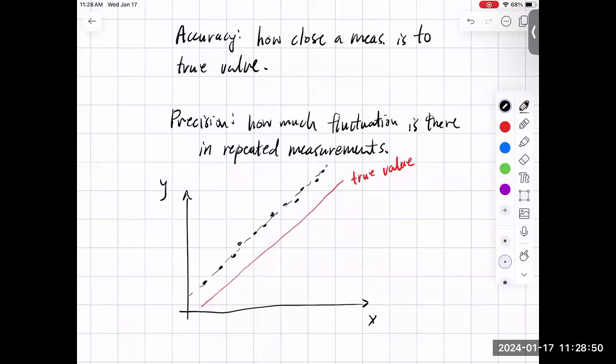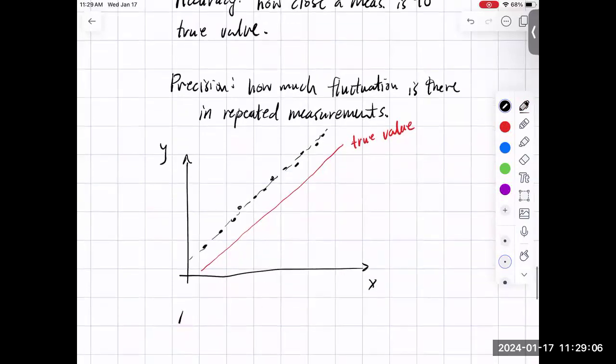But if I compare my measurements to the true value, I would say that they're inaccurate because there's a constant or consistent offset. So we would say that this is a precise but inaccurate measurement.